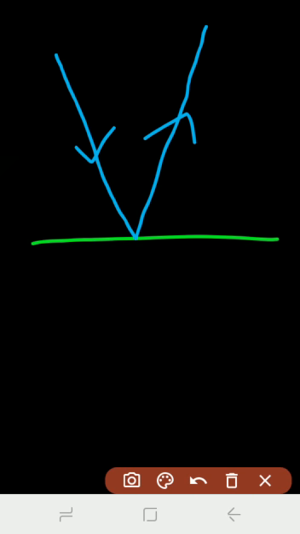So regular reflection is a type of reflection in which a ray of light gets bounced back after striking a smooth surface, not any type of surface, a very smooth surface. Okay, that is regular reflection.